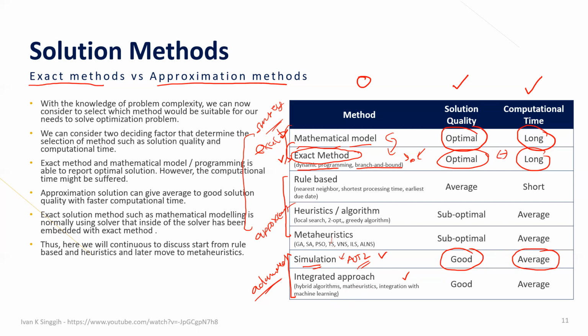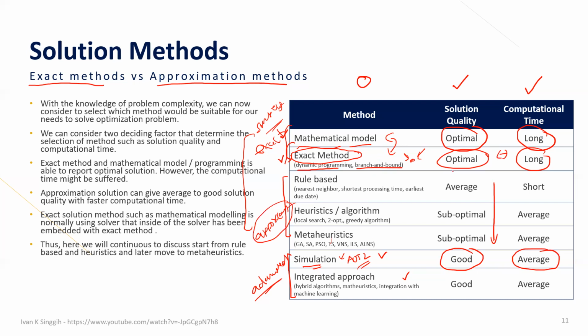Okay. Another one is the approximation method. Later I will discuss it in more detail. It is getting more and more popularity, but it has the drawback that the solution quality is not that good. Sometimes we call it good, or sometimes suboptimal, because we are not sure how good it is, but we are positive that it is near optimal.